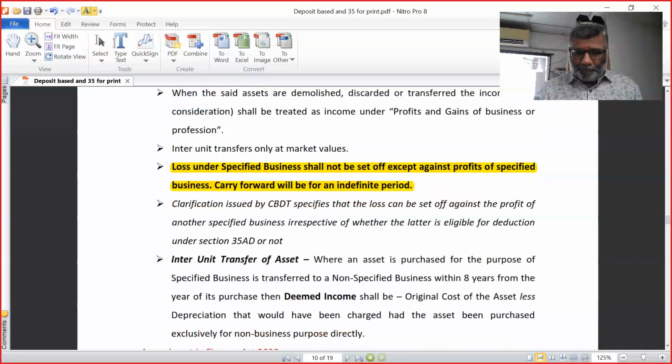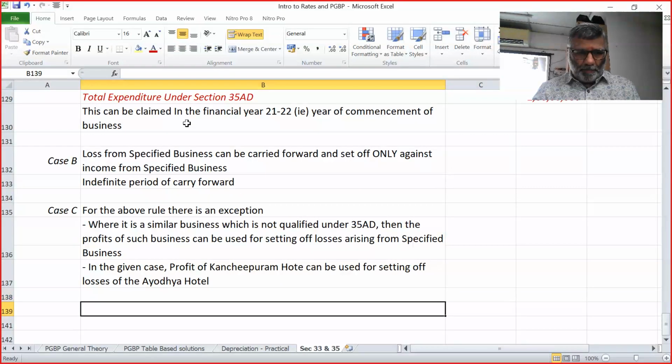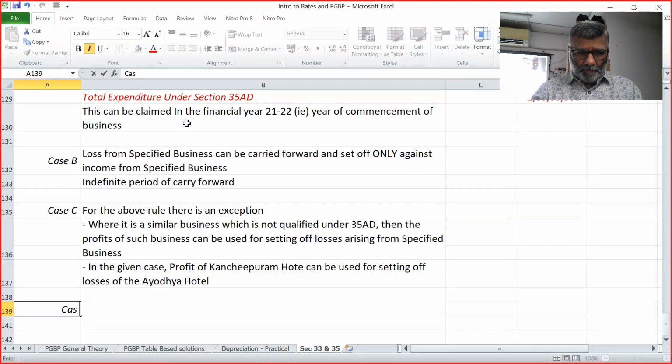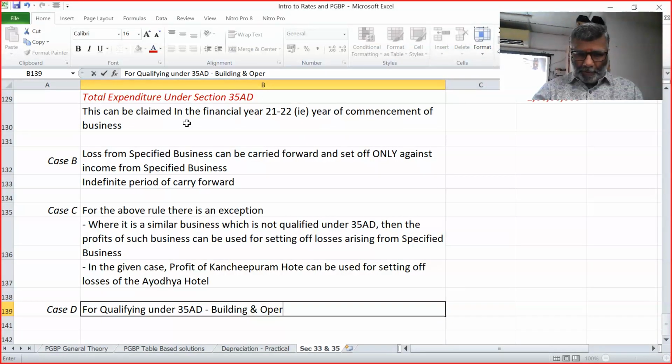So question 4. For qualifying under 35 AD, building and operating need not be by the same assessee.